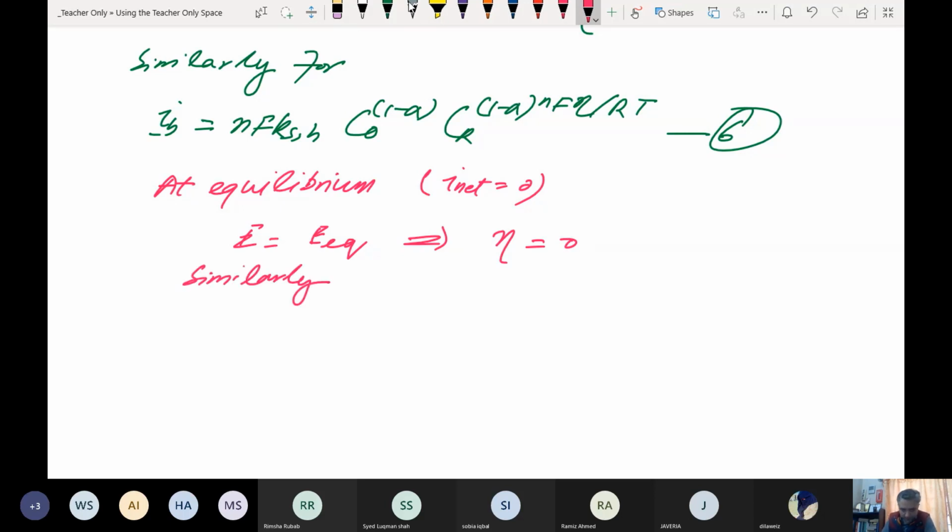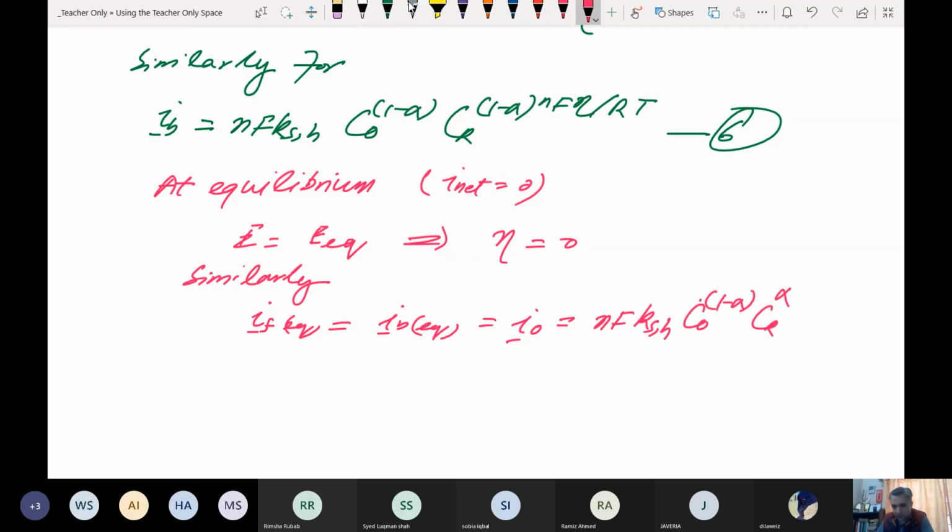Similarly we say that I_F equilibrium is equal to I_B equilibrium, which is equal to I_0 equilibrium, which is equal to nF k_sh alpha, which is equation number 7. So if you look at this, eta is equal to 0, basically this is driving these terms.